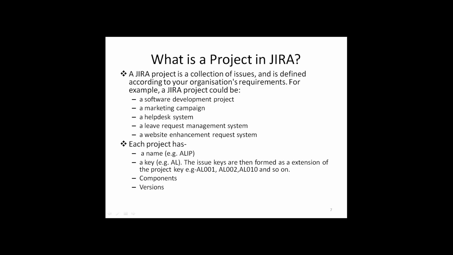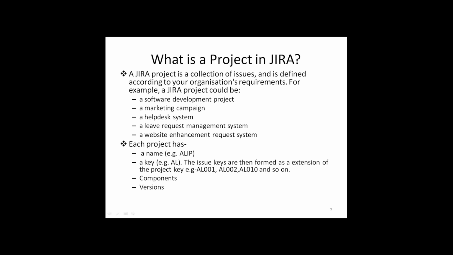Now let's see in detail what a project in JIRA is. As we said, a project is a collection of issues and is defined according to the organization's requirements. Let's take an example of a JIRA project. A JIRA project could be a software development project, a marketing campaign, a help desk system, a leave request management system, or a website enhancement request system.